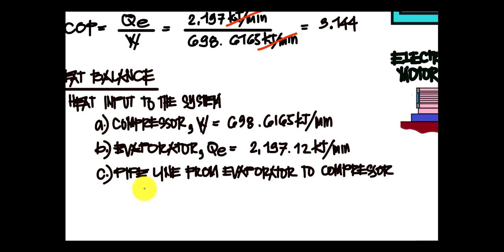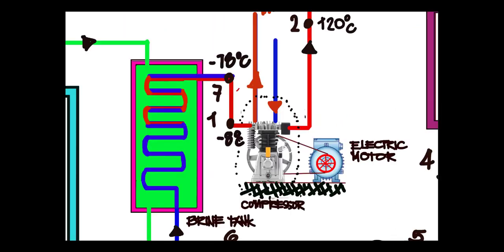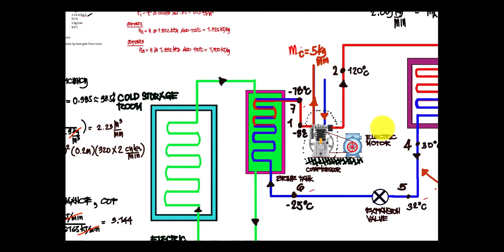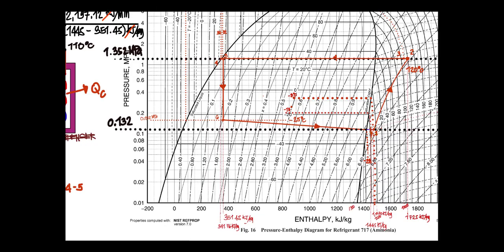Next, we need to determine the pipeline from evaporator to compressor. Looking at our schematic diagram, we have the evaporator going to the compressor. Starting from point 7 to 1, that will be the change in enthalpy from 7 to 1, also referring to our pH diagram.